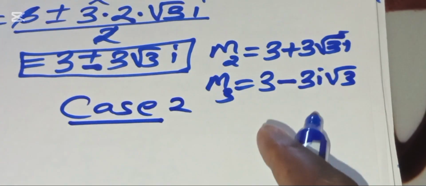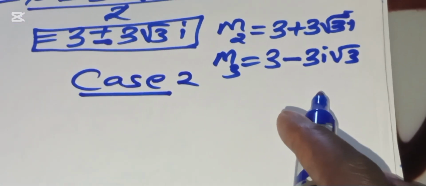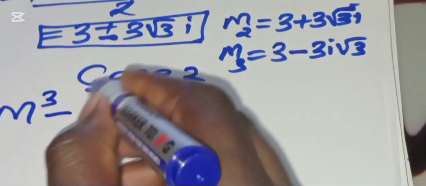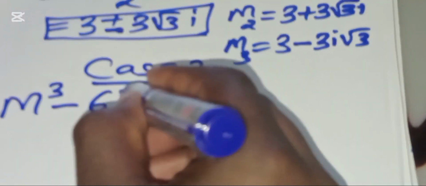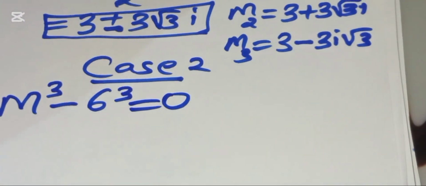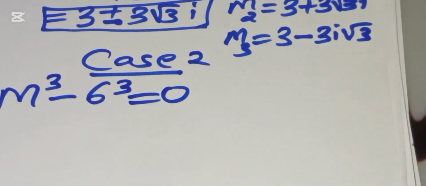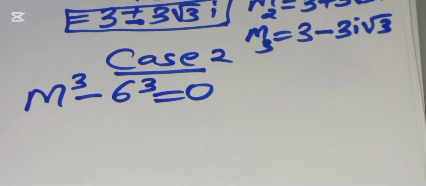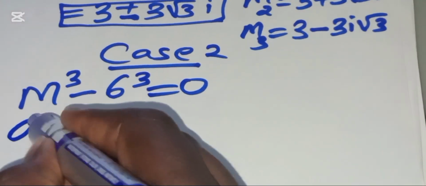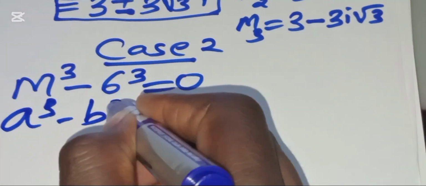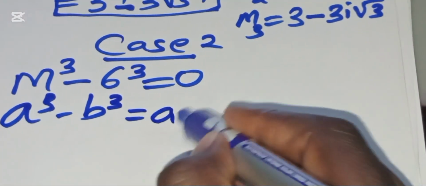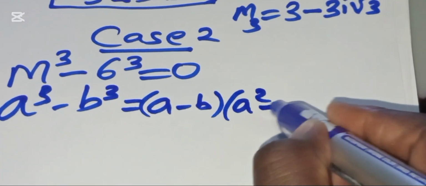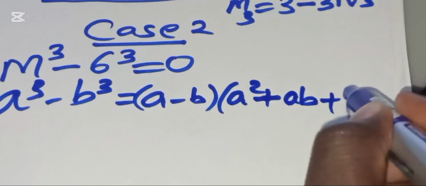Case 2: for case 2 we have that m cubed minus 6 cubed is equal to 0. Now from what we have, m cubed minus 6 cubed is actually the difference of two cubes, expressed as a cubed minus b cubed, which we can express as a minus b times a squared plus ab plus b squared.